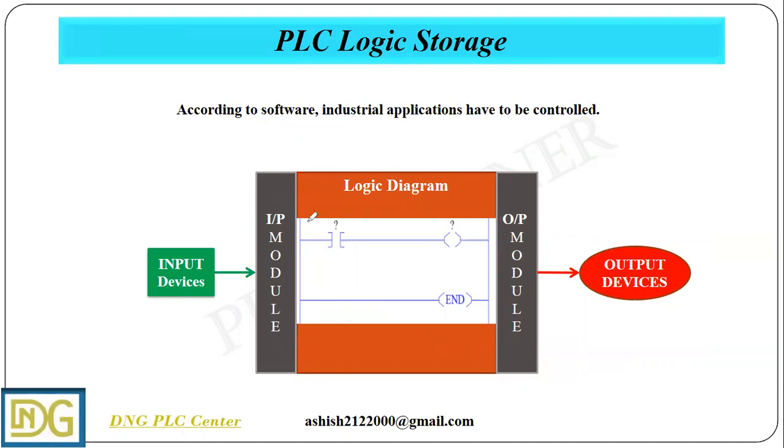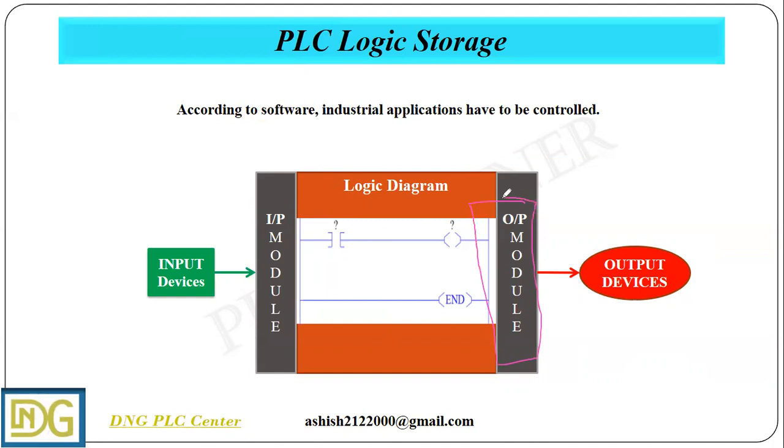After making the program in the software, we download the program to the PLC with the communication cable. This is how the logic is stored: it is stored via the communication cable after downloading the program. I will show how to download it when we go to the software step.